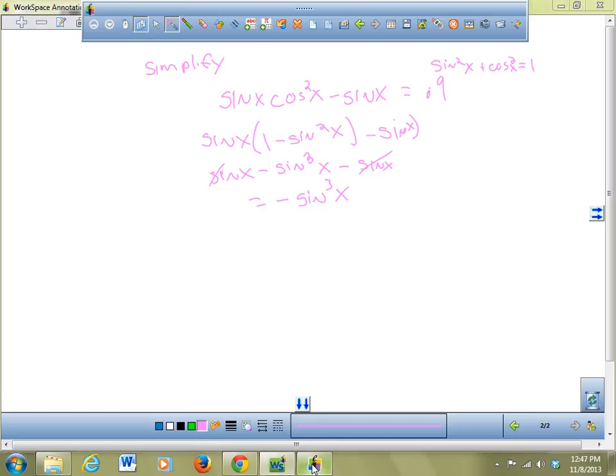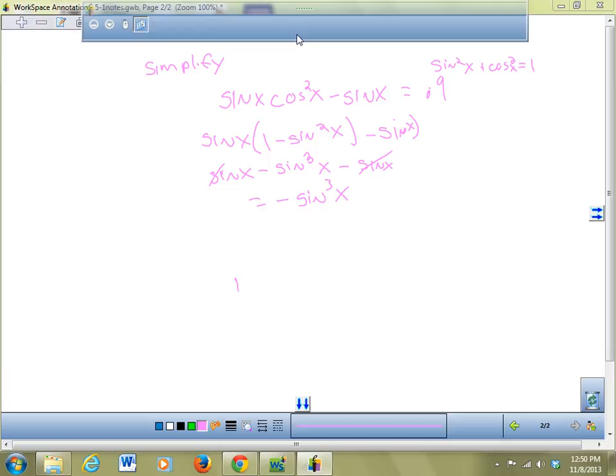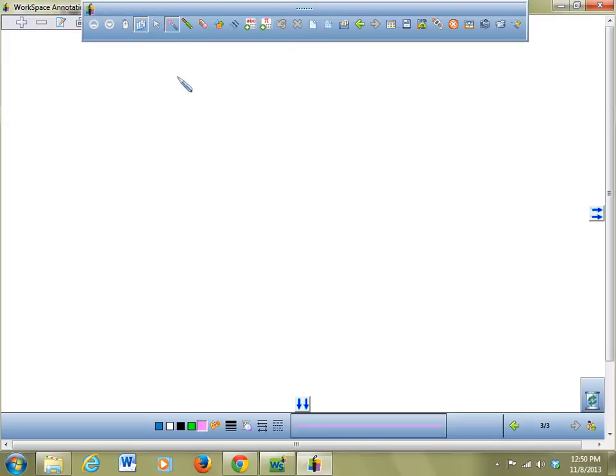Anyway, they'll ask you to do things like factor things, because those come up a lot. Right now we're just learning some of the techniques that you use to solve trig equations. Secant squared of theta minus 1, and they'll say factor. Do you guys know how to do that?